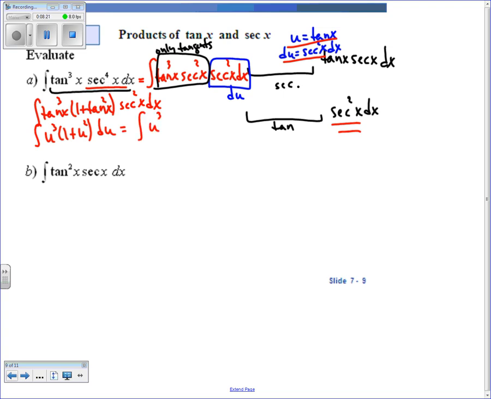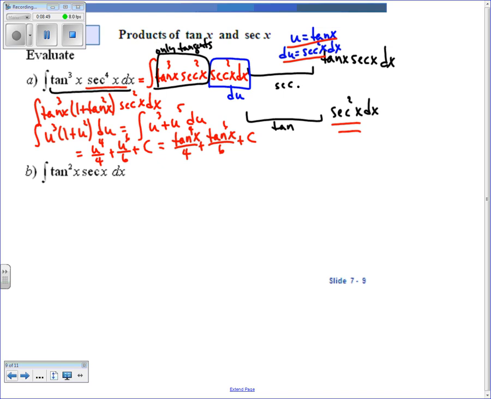That's u to the third plus u to the fifth du, which integrates then to be u to the fourth over 4 plus u to the sixth over 6 plus c, which is equal to, going back to my original variable, tangent to the fourth x over 4 plus tangent to the sixth x over 6. And that's your answer.